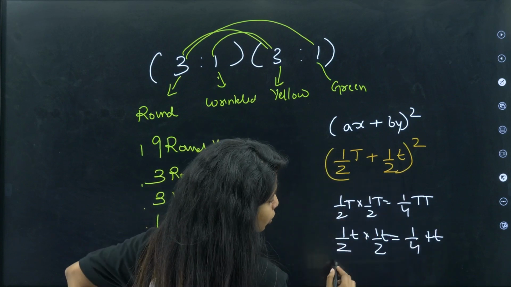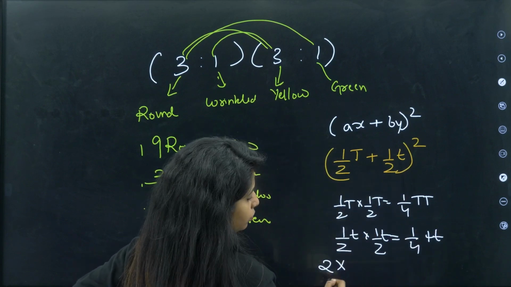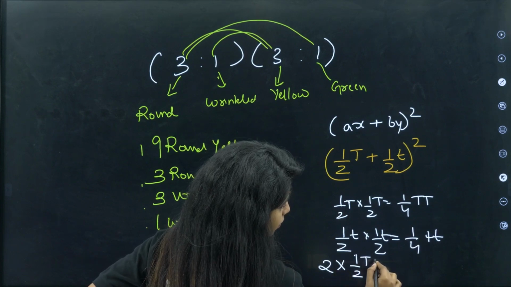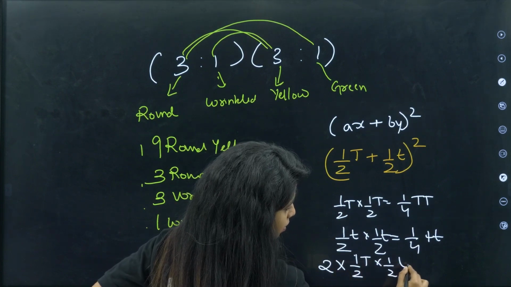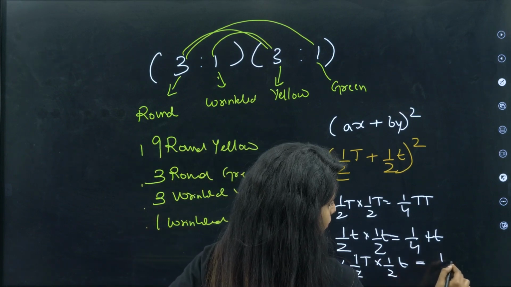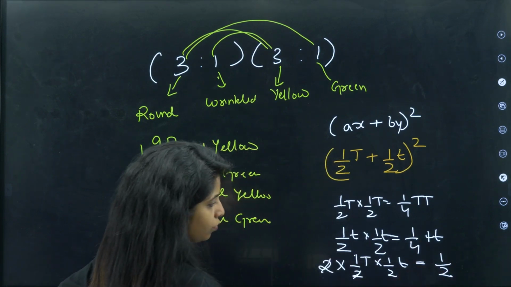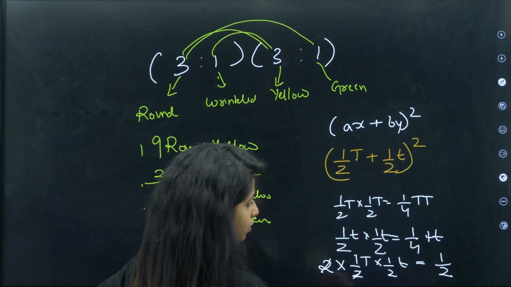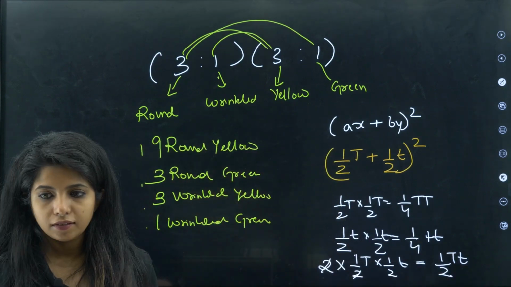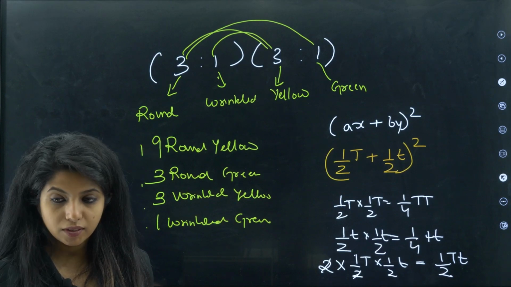Now 2ab, 2 into AB, what do you get? 1/2 will be, right, this was the equation, was it the equation?